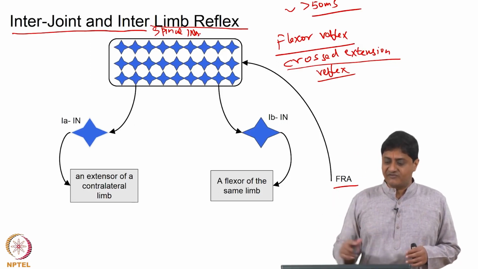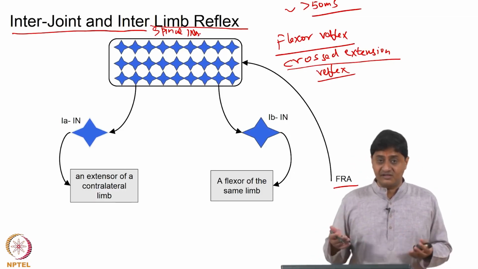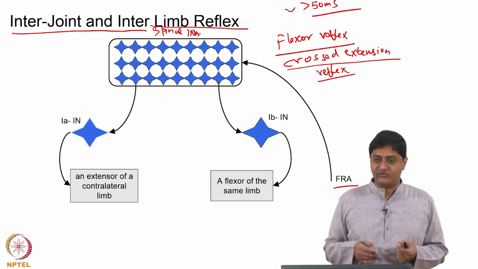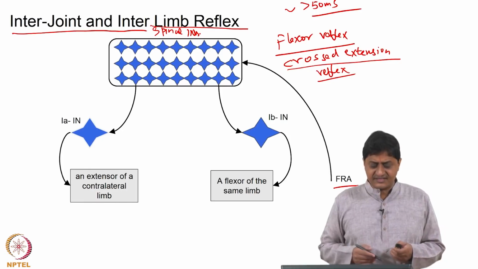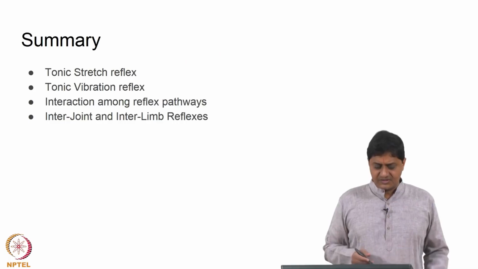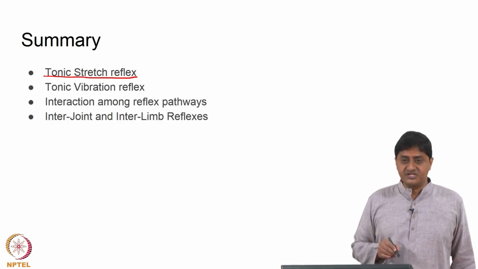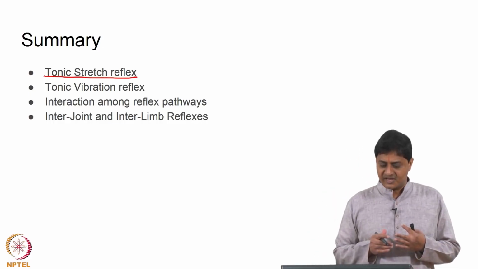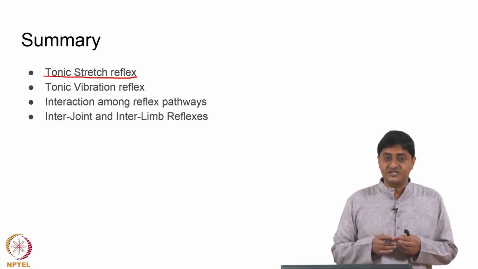You should at least survive for that much time before the response comes. Otherwise, if you fall down within that time, then you have fallen down. So basically, the stimulus was strong enough to make you fall down. Okay, so that is the case of interjoint and interlimb or crossed extensor reflex. Okay, so far what we have seen in this class is the case of tonic stretch reflex and how the threshold of the tonic stretch reflex can be used as a control parameter.